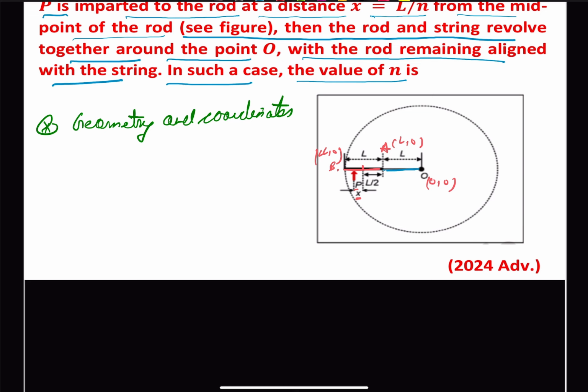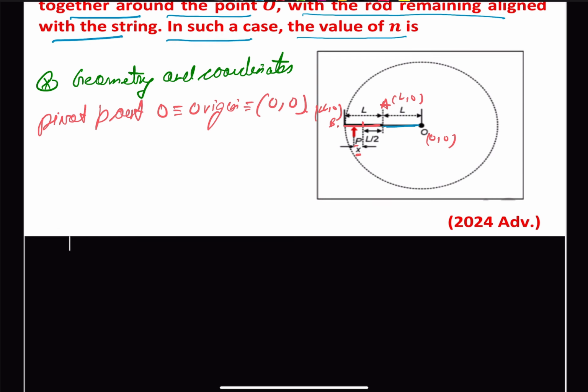We have our pivot point O, which is our origin, 0, 0.